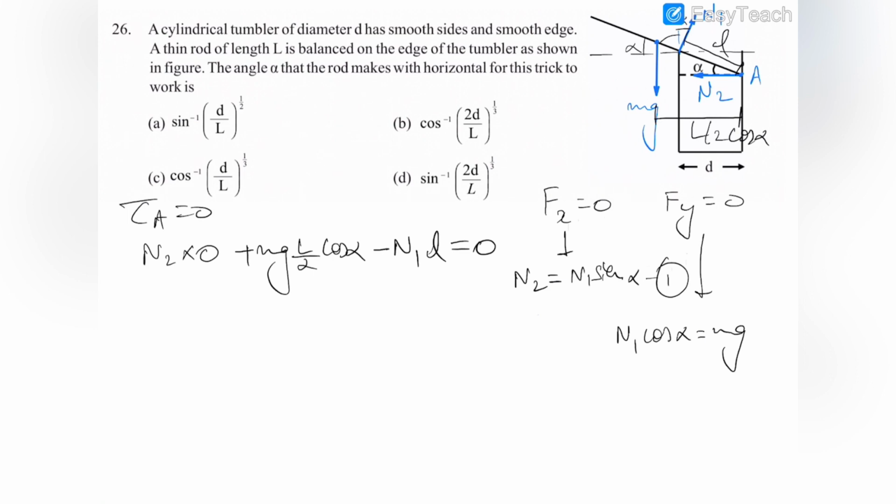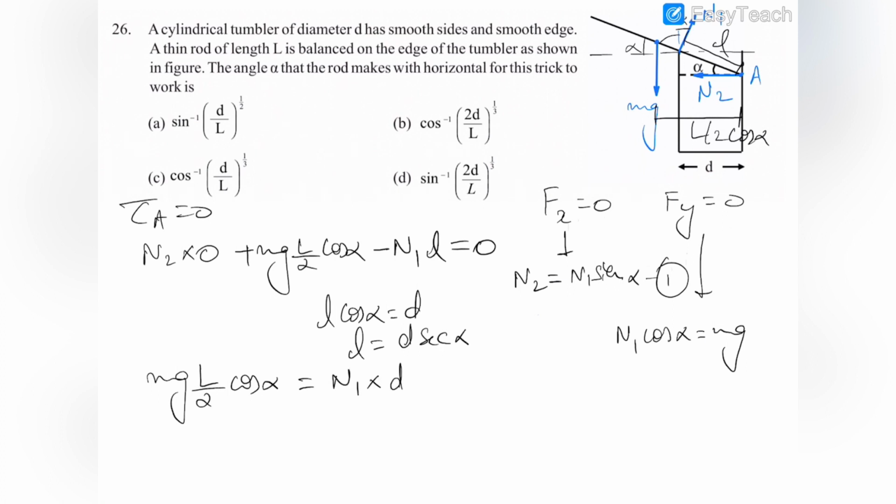Now we know that small l cos alpha is equal to d, so small l is equal to d sec alpha. So we can say that mg into L by 2 cos alpha is equal to N1 into d sec alpha.